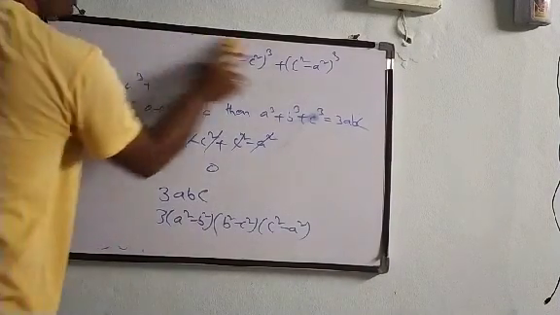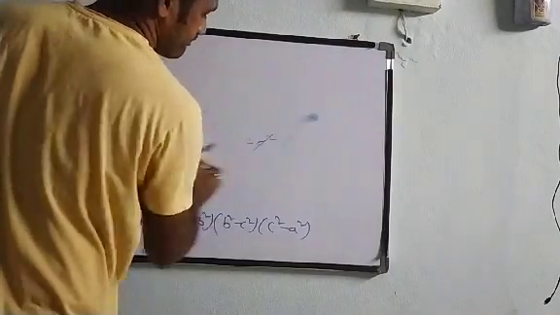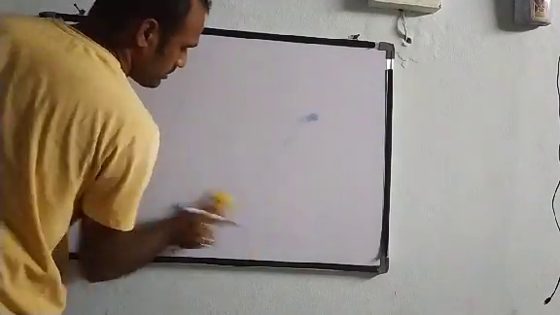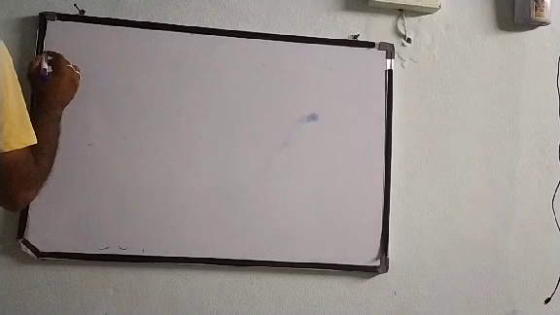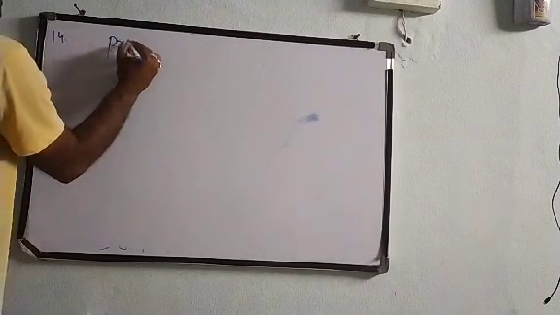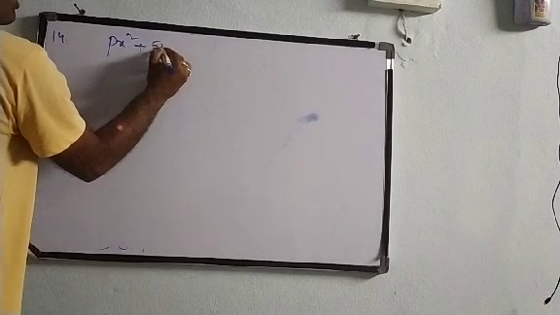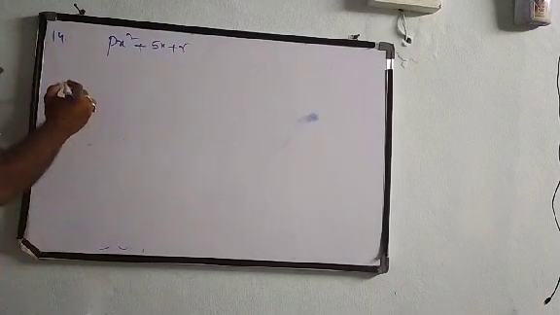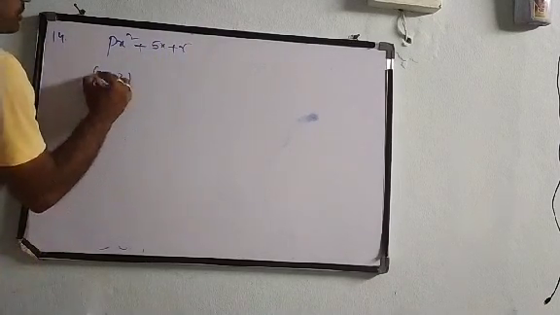Next, coming to the 14th question. So the given polynomial is px square plus 5x plus r. For this, the first factor x minus 2 is a factor.